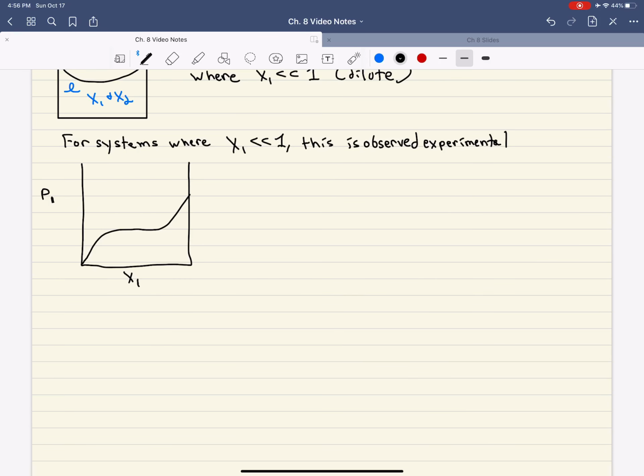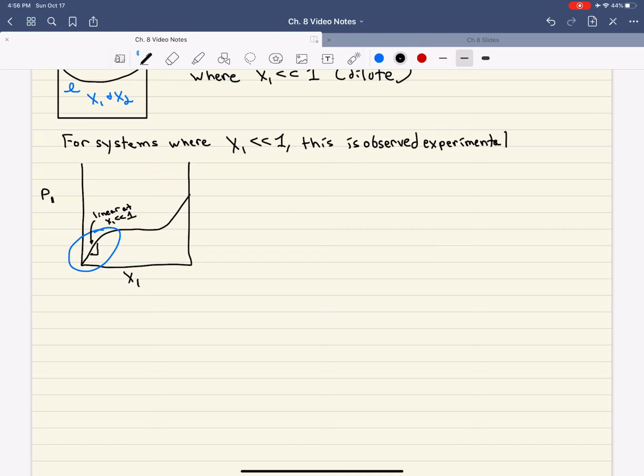All right? And so what we're focusing on is the region where x1 is very close to 0, so it's much less than 1. And here, in this region, we find that the partial pressure p1 is linear with x1. So linear at x1 much smaller than 1.